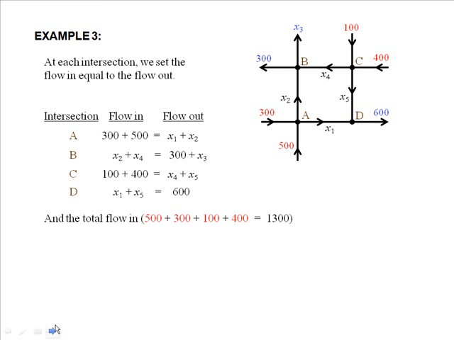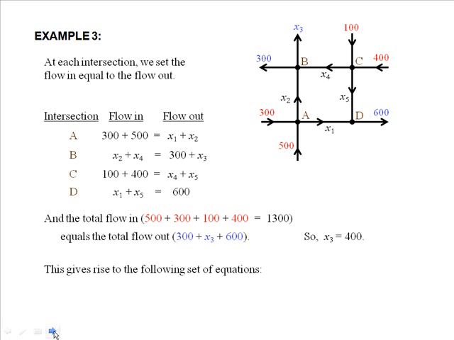So we see we have 500 plus 300 plus 100 plus 400, looking around the outside edges. When we add those together, that is 1300. And then the total flow out, which is in blue here, is x3 plus 300 plus 600. So we want to set the total flow in equal to the total flow out, and we can solve that and get that x3 is equal to 400.